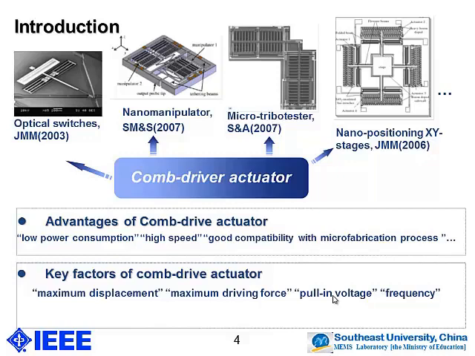All these 4 factors are related to the side instability. The side instability determines the pull-in voltage. If the side instability is decreased, the pull-in voltage will be enlarged and the maximum displacement will be larger.